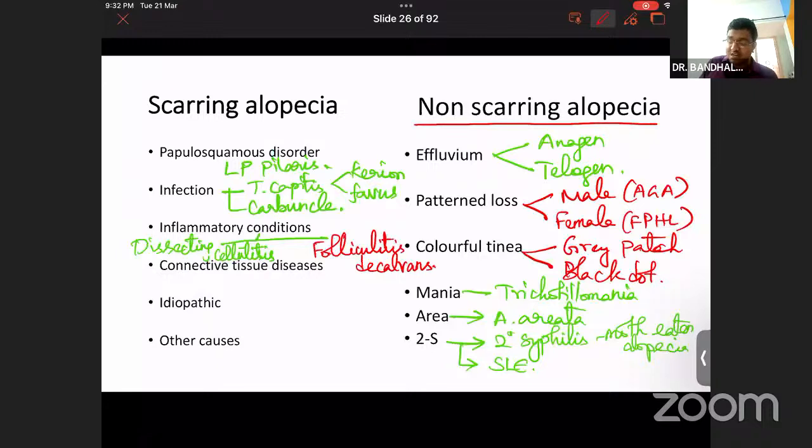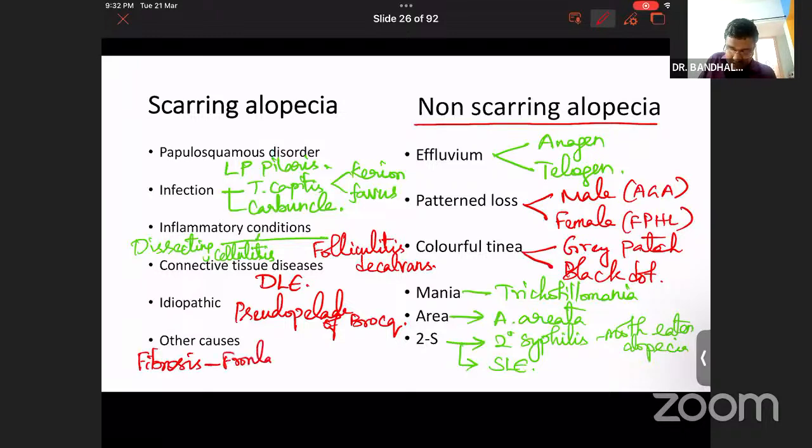In connective tissue disorder, we have discussed now, SLE is a non-scarring alopecia. In the opposite, discoid lupus erythematosus is a scarring alopecia. In idiopathic, there is a condition known as pseudopelade of Brocq. And we have discussed another thing: there is the name fibrosis, so frontal fibrosing alopecia is scarring.